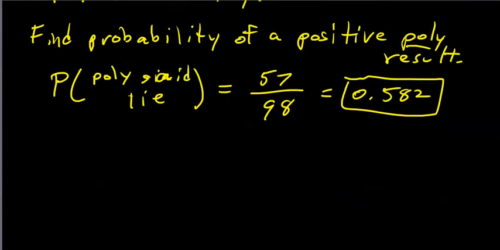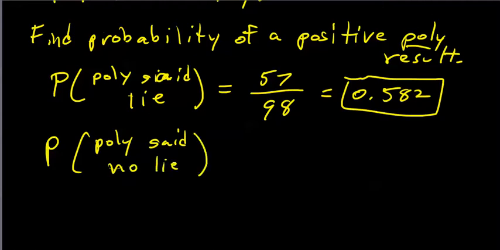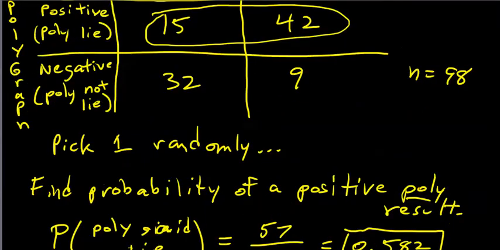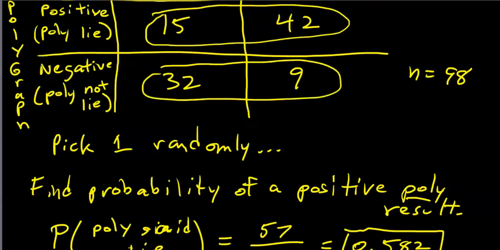Alright, let's go on. Let's say we're looking for the probability that the polygraph said no lie. Well, in machine language, that's a negative test. Negative test from the polygraph machine, right? No lie. So we look up on the table again, and if we add these cells for all these subjects, right or wrong, the polygraph said that they did not lie.